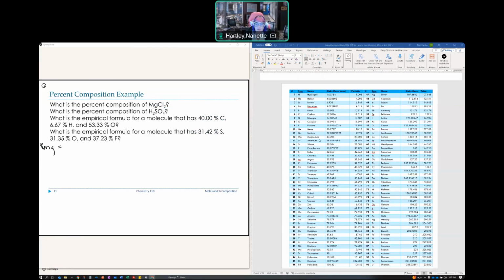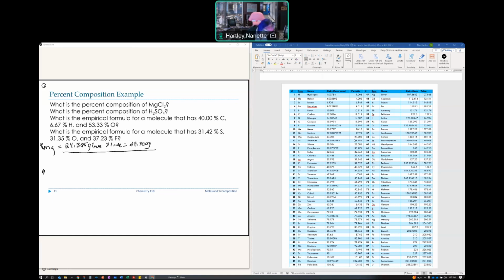So I'm looking at the mass for Mg, which is 24.305 grams per mole. There's 1 mole, so that's 24.305 grams.